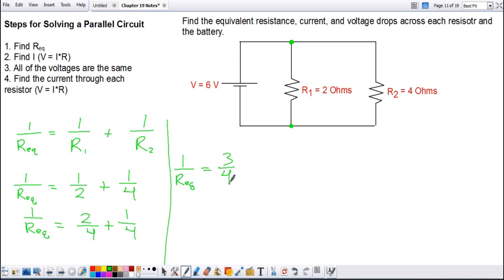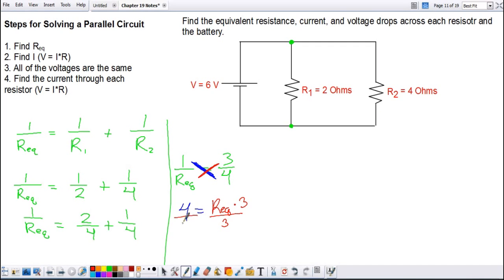But we're not done yet. We need to solve for the equivalent resistance. This is 1 over the equivalent resistance. So there's a couple ways you could do this, but one way that you learned to solve proportions in math class was by cross multiplying. So I'm going to go ahead and multiply 1 times 4, and I'll get 4. And then I'll multiply the equivalent resistance times 3, and I get the equivalent resistance times 3.